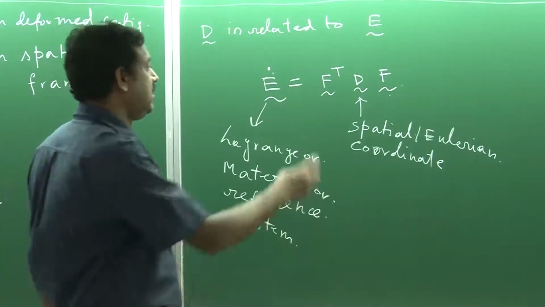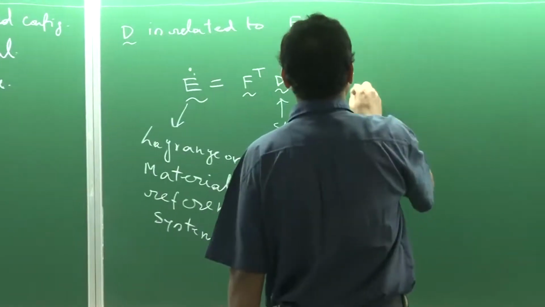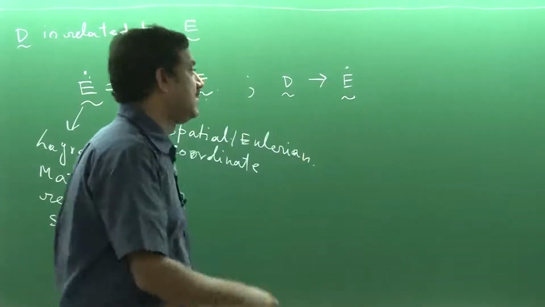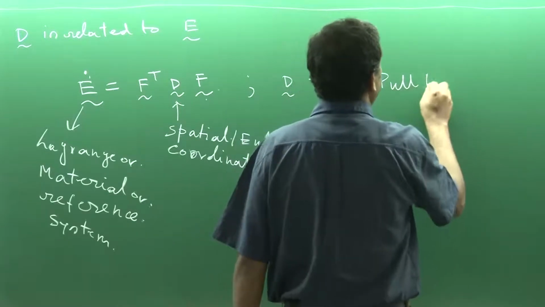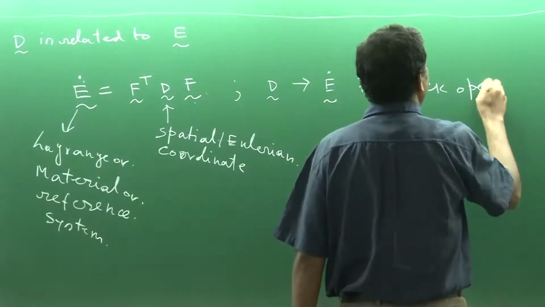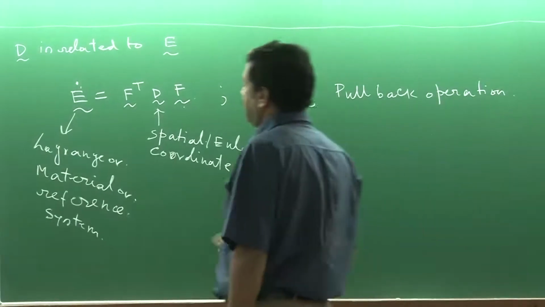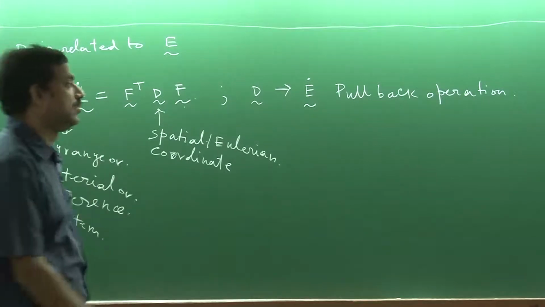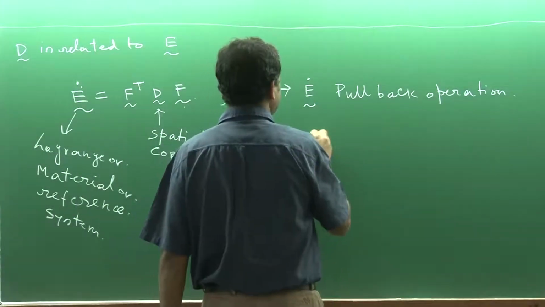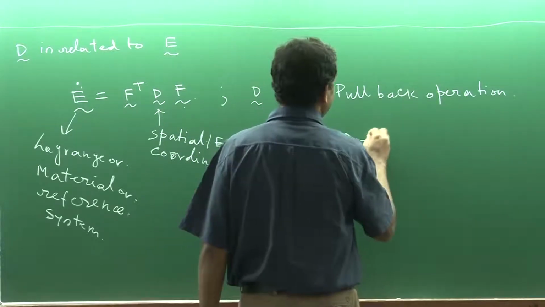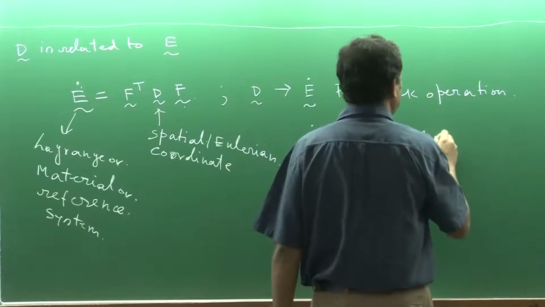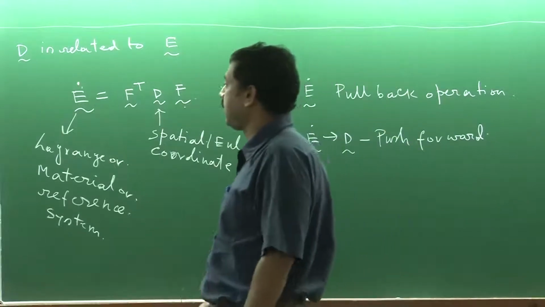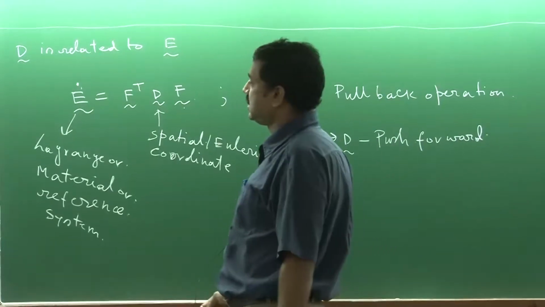That means if we know D, then with this relationship we can go to E dot. From spatial to reference is called the pull back operation. And by inverting this relationship, we can go from E dot to D, which is called the push forward operation. These are important relationships that are always used in finite element.